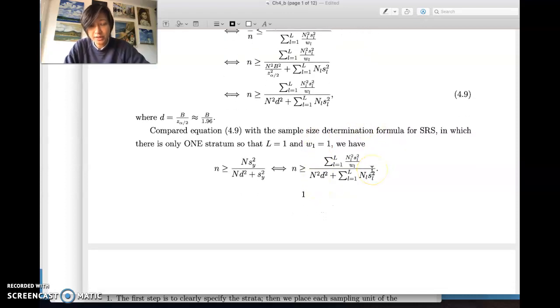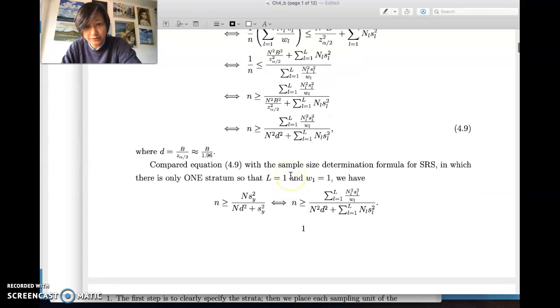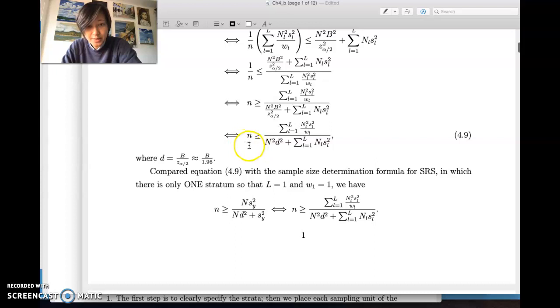But what we have here is the sample size determination under stratified random sampling. We can see that in formula 4.9, the sample size very much depends on the variability s_l squared, the variance within each stratum. The larger the variance in the strata, the larger the sample size we need to collect.